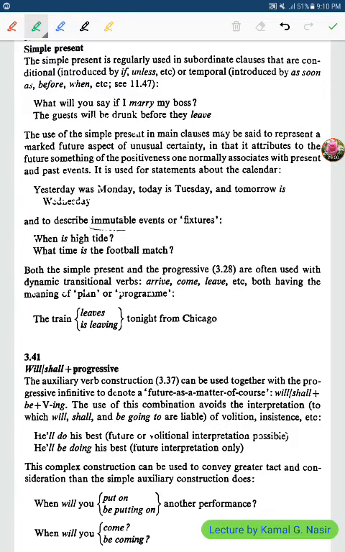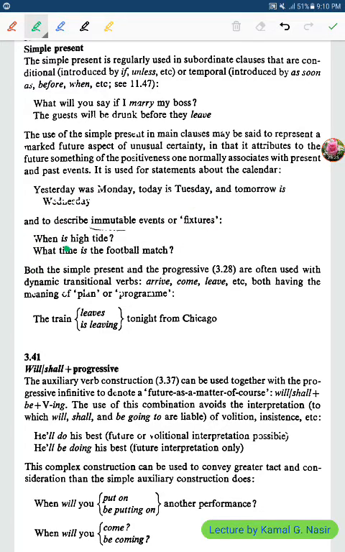What else? We may also use the present simple to describe immutable events or fixtures. When is high tide? What time is the football match? Immutable events or fixtures.